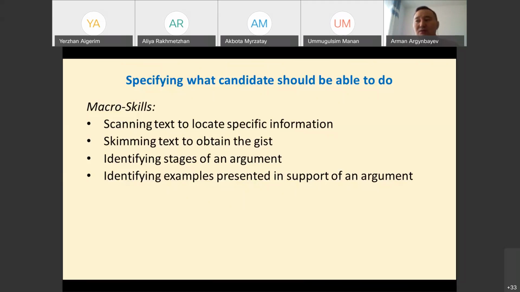We can usually teach linking words when practicing this kind of skill. Identifying examples presented in support of an argument. So we ask, how do you know? How can you prove that your answer is correct? So provide us examples from the context, from the text.